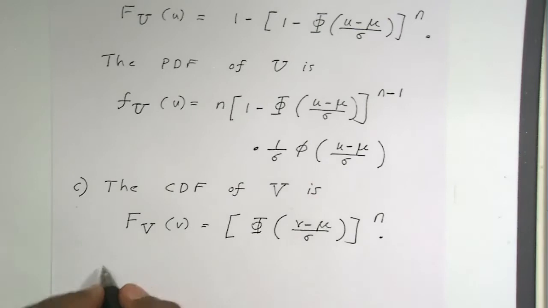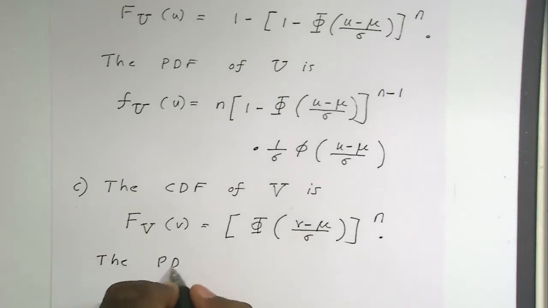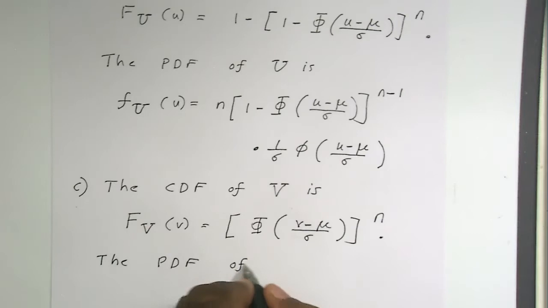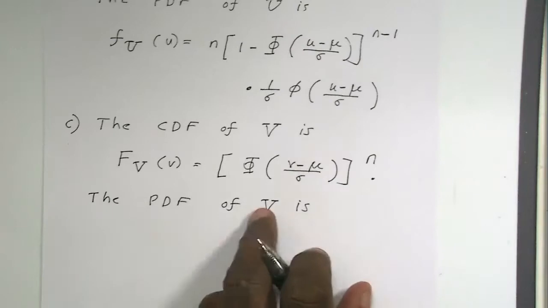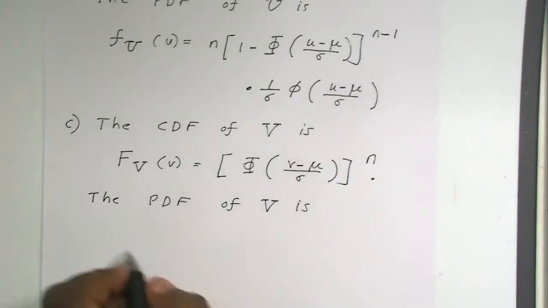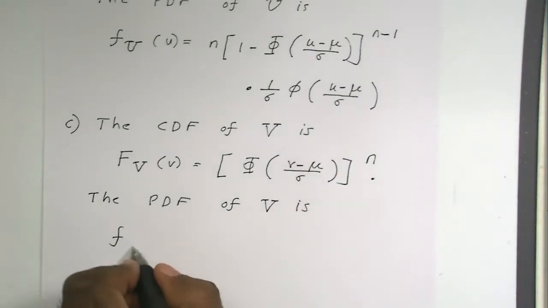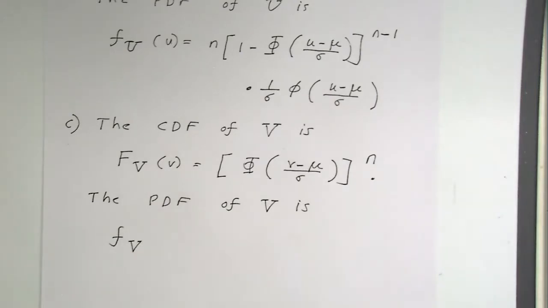And the PDF of V is just the derivative of this. Using this formula here, you get the following.